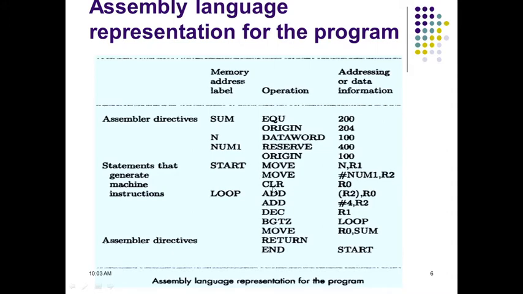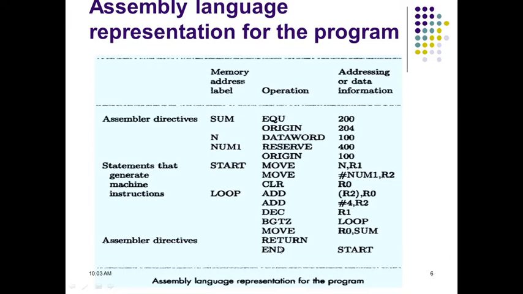The rest of the statements are based on different addressing modes, that is move instruction, clear instruction, add instruction, decrement, branch instruction, move instruction, return, then end. Here the return and end are also assembler directives.